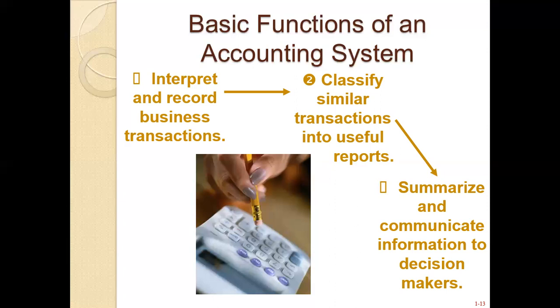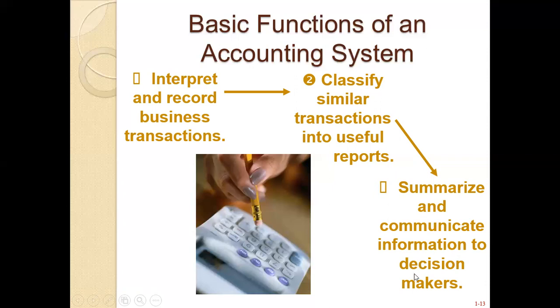Now, class, the second important thing is to classify similar transactions into useful reports. When we are producing these useful reports, we summarize them and communicate this information to the decision maker.